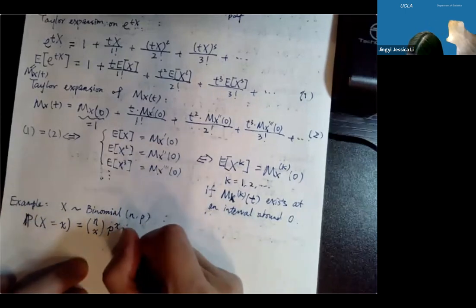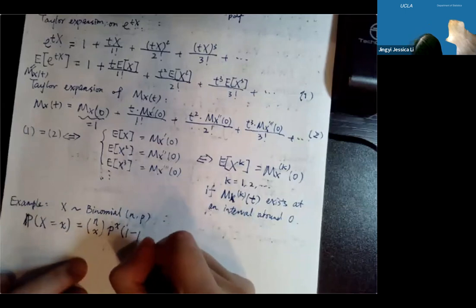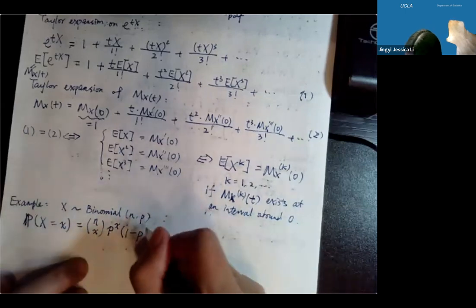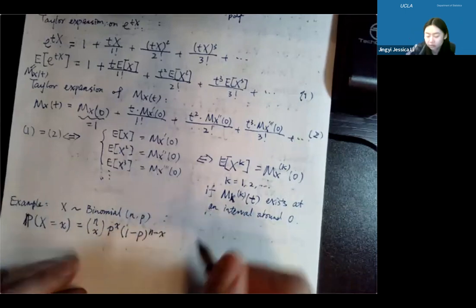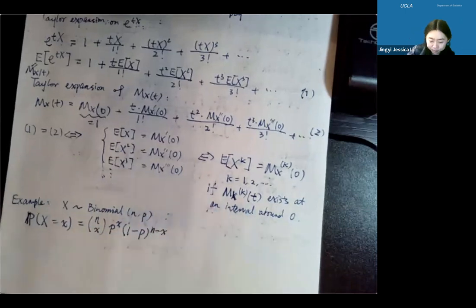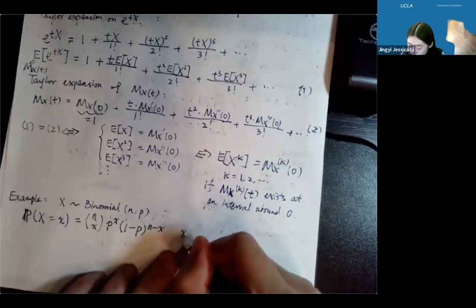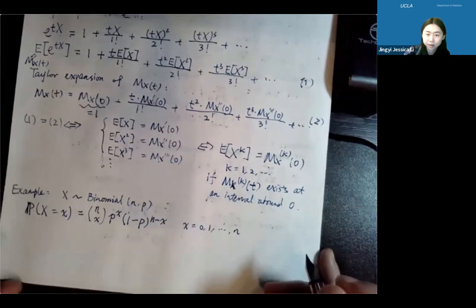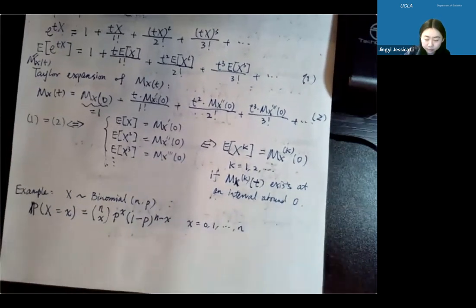And I have N minus x tails, each with probability 1 minus P, and I multiply the probabilities together, so I get the power N minus x. This is the PMF, the probability mass function, and here x can go from 0, 1, 2, up to N. These are the possible values it can take.